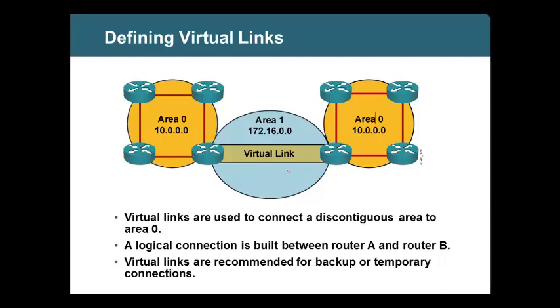So if you want to form a virtual link between, let's say this is B router, this is A router. If you want to form a virtual link between B and A, what is needed is this area 1 should appear as a virtual connection, as a logical connection.